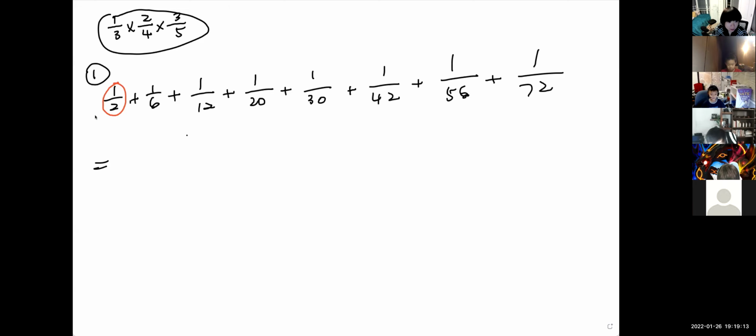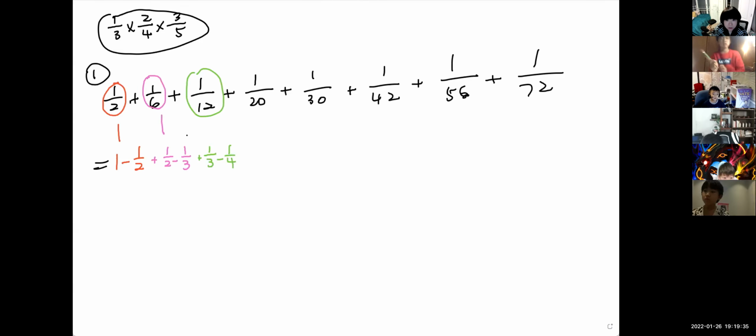Yay. So everybody take a look at this one. So 1/2 equals what? Equals 1 minus half. Correct? Okay, so 1/6 equals what? Equals half minus third. Let's see. 1/12 equals what? 1/3 minus 1/4.